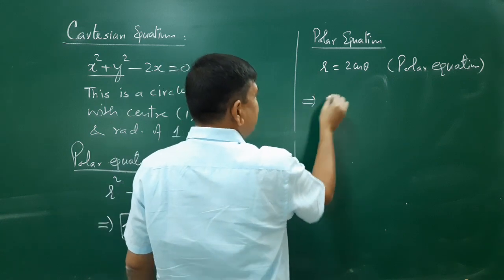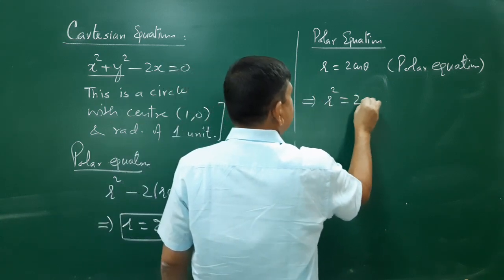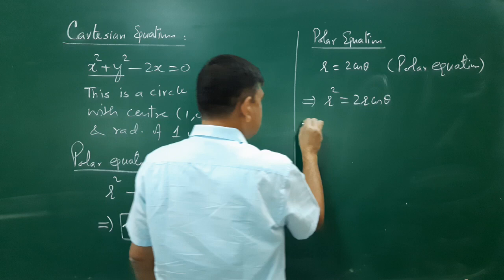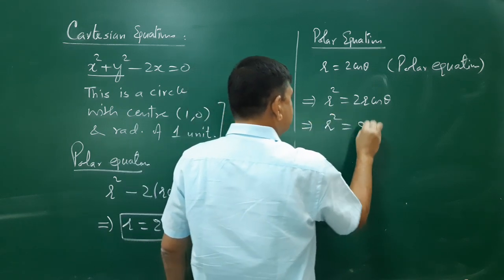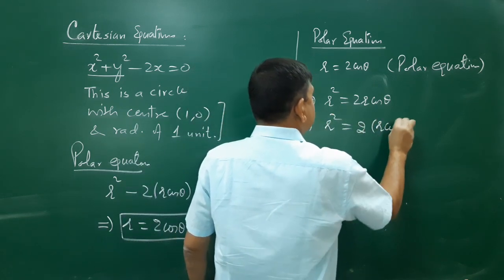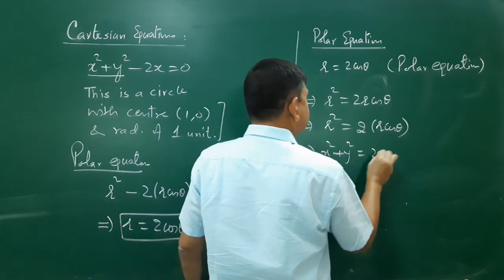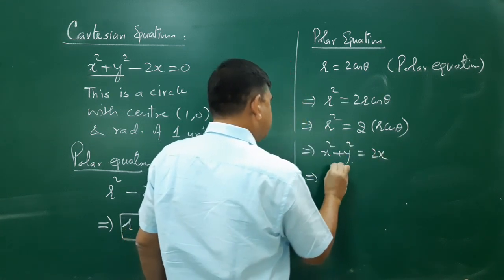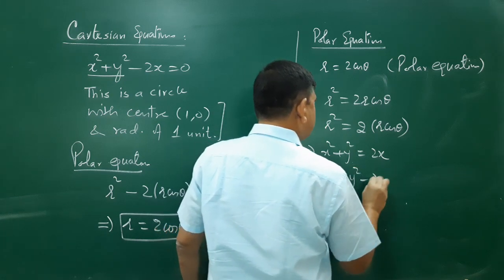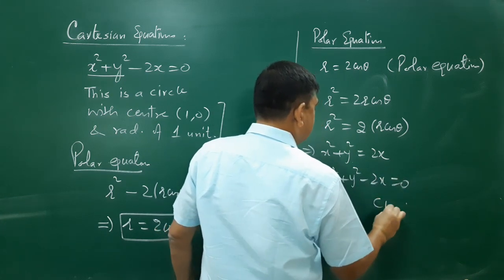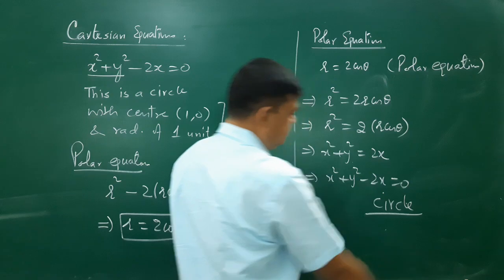We multiply both sides by r, so it is r square equals 2r cos theta, that is r square equals 2 times r cos theta. Now this is x square plus y square equals 2x, which implies x square plus y square minus 2x equals 0, and this is a circle.